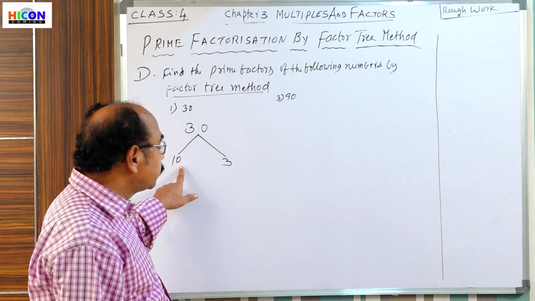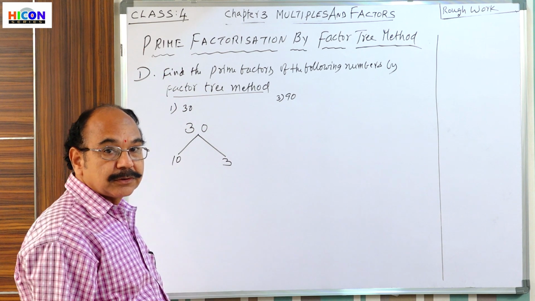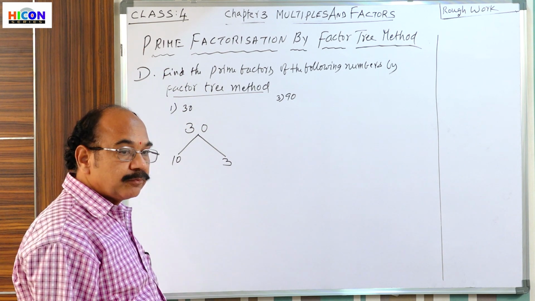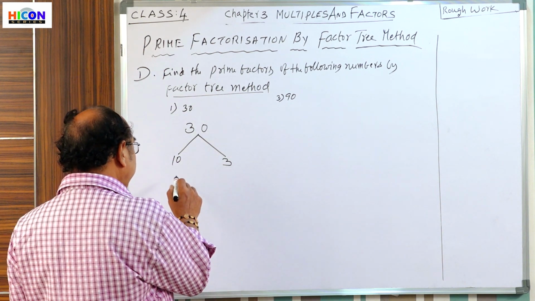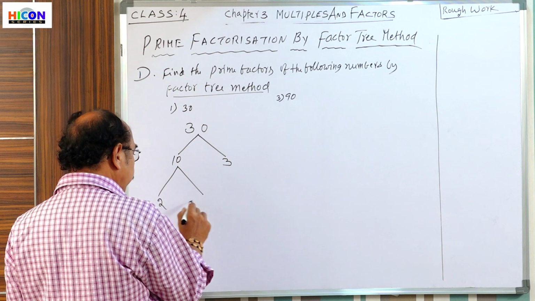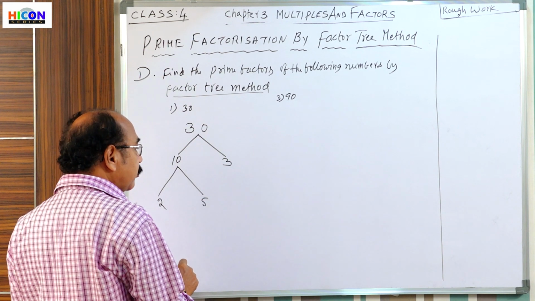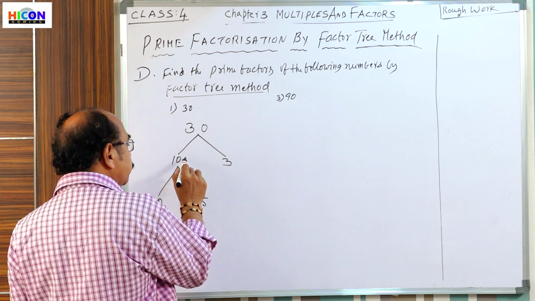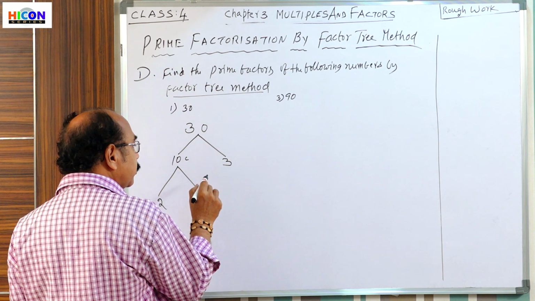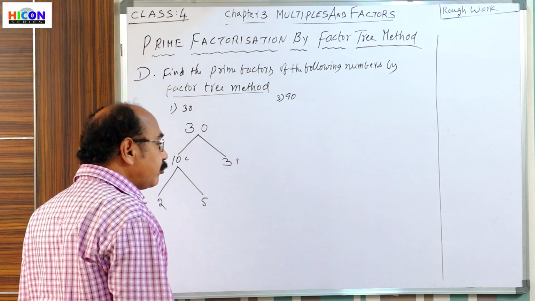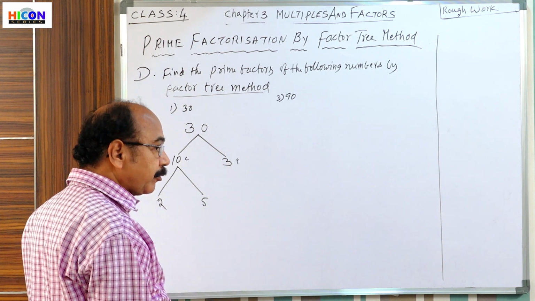Here 10 is composite, 3 is prime. So 10 can be written as 2 into 5. 2 fives are 10. This 10 is composite, and 3 is prime.